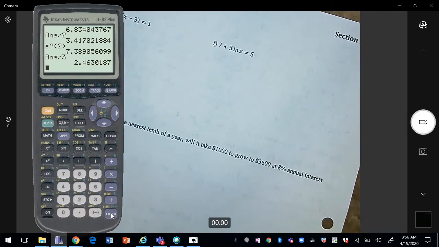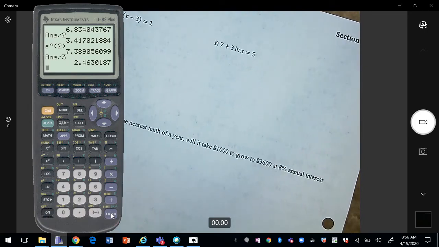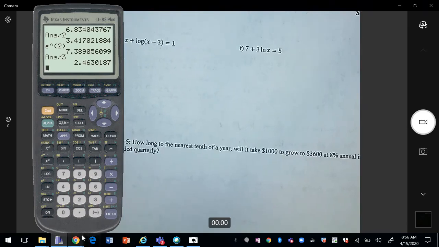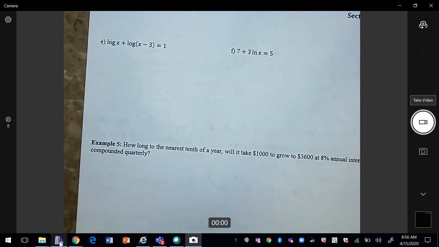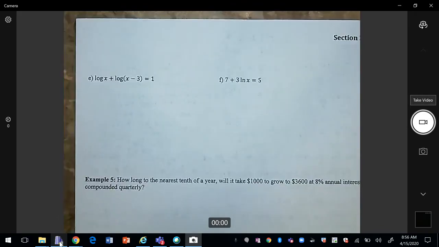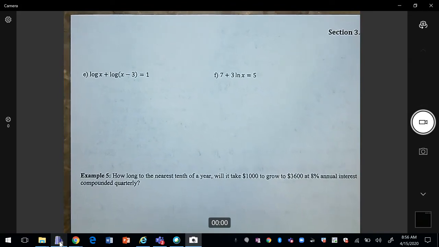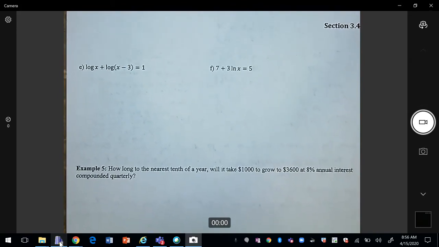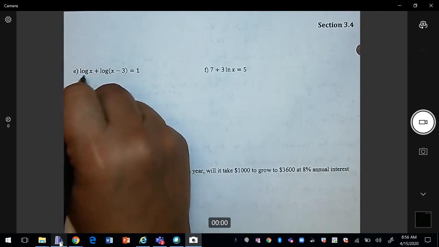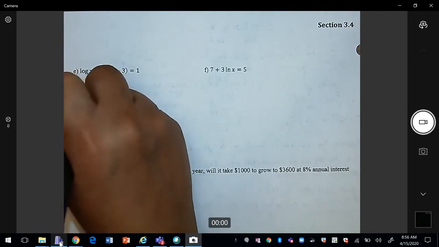Letter E. So we have log x plus log of x minus 3. Here we can combine these two logs.